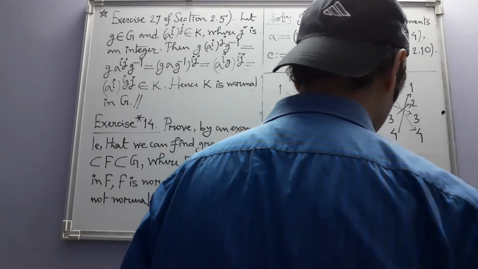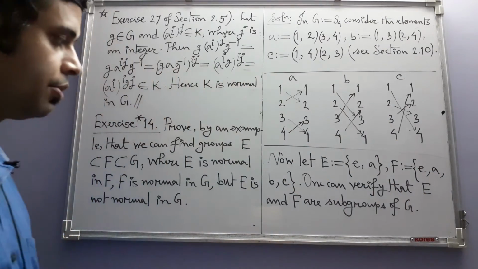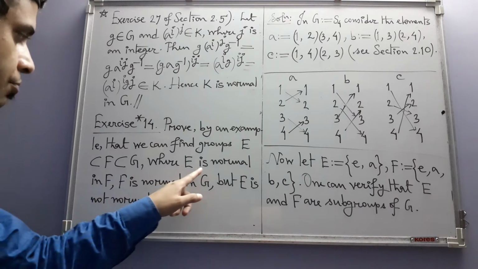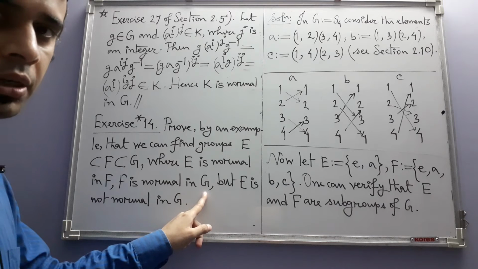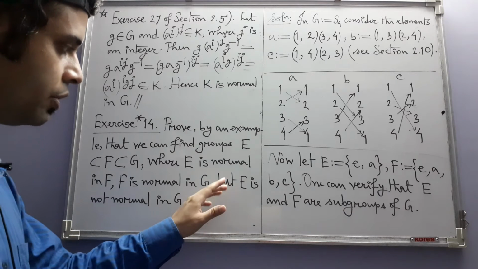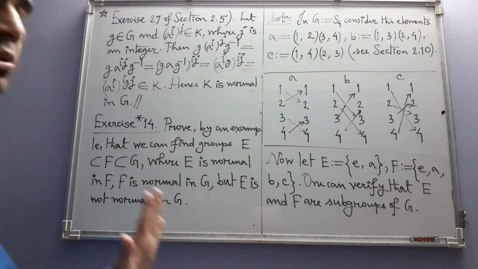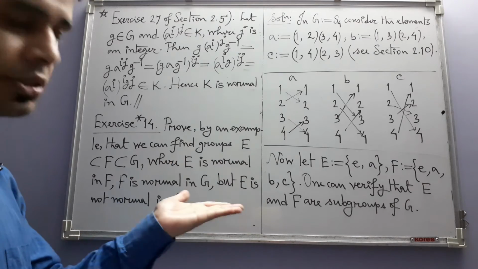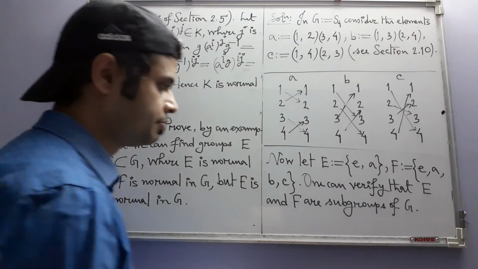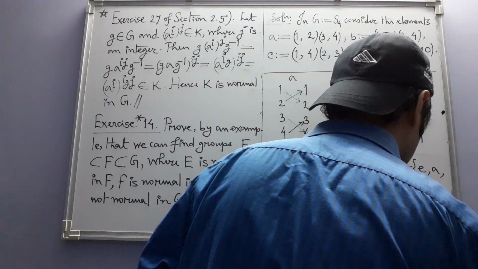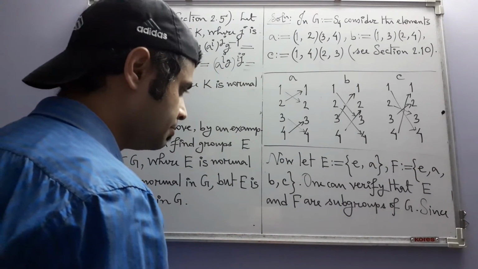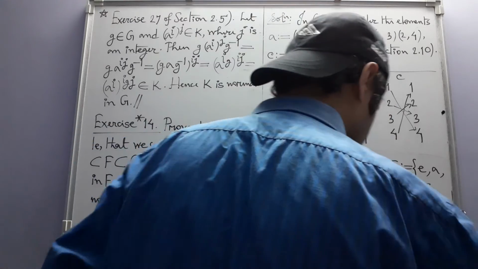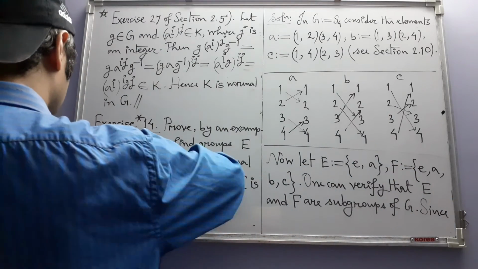Now comes the question of normality. We want E to be normal in F and F to be normal in G, and we also want E to not be normal in G in this particular case. Since the first one is rather easy, let's continue from here.